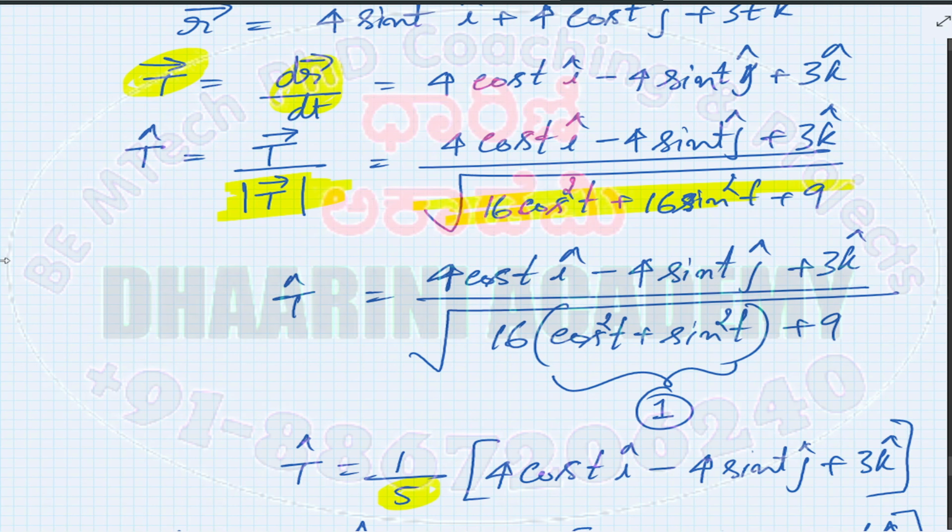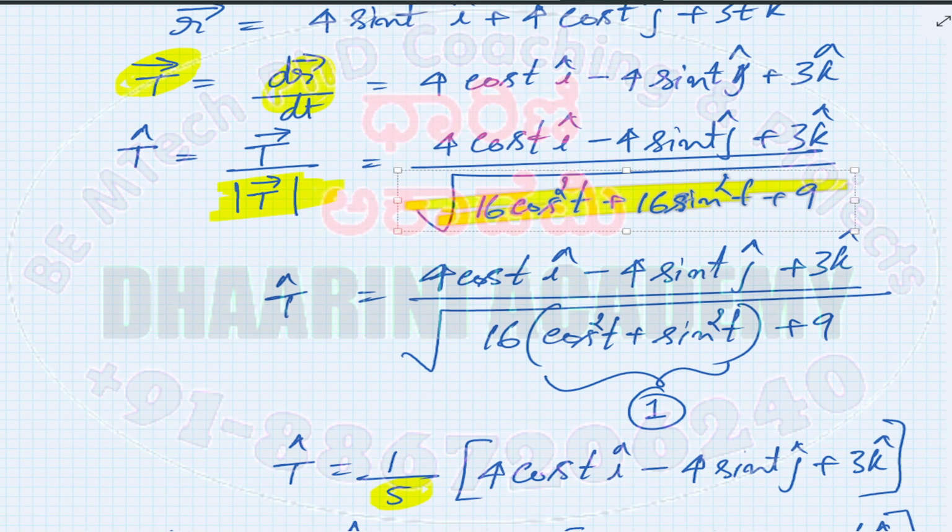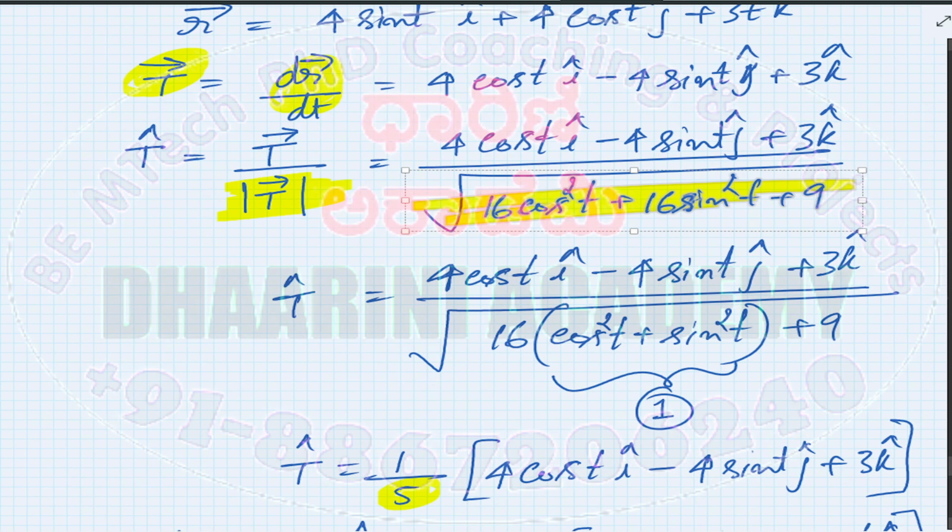Once we have that with us, our objective is to substitute the values and get the answer. So I write the T vector on the top and find its magnitude in the denominator. Now we can simply calculate the remaining values by simplifying the denominator.